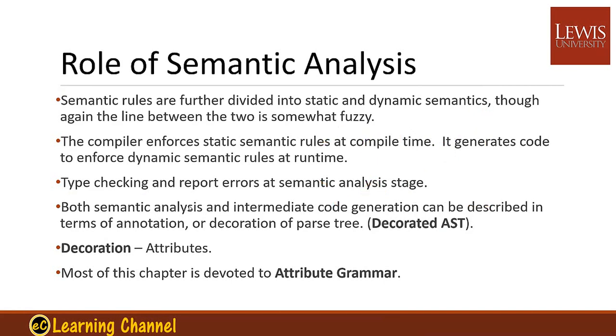Both semantic analysis and intermediate code generation can be described in terms of annotation, or decoration, of a parse tree. So here, the input is an undecorated AST, and the output would be a decorated AST.